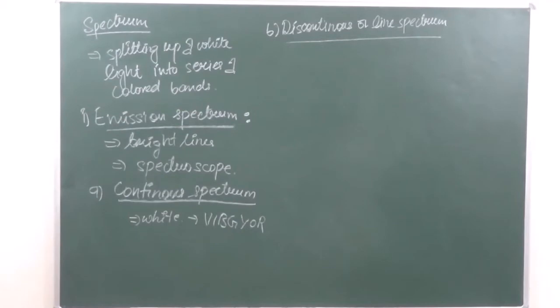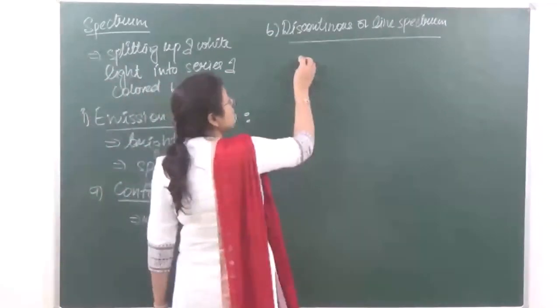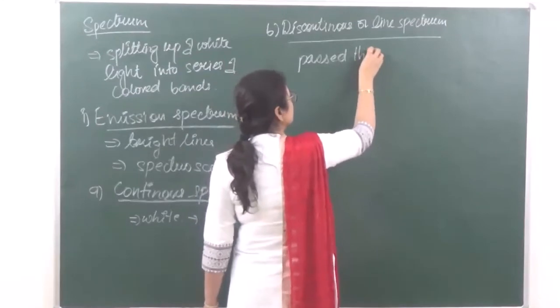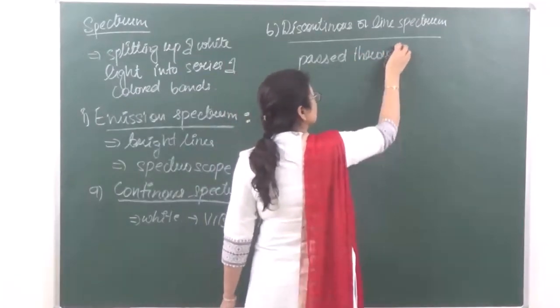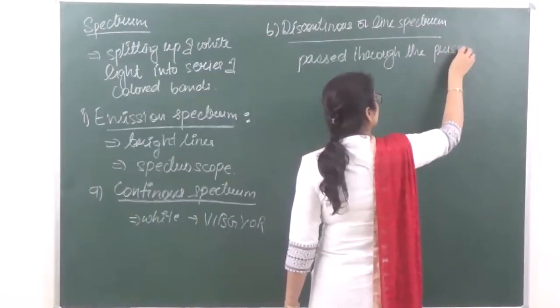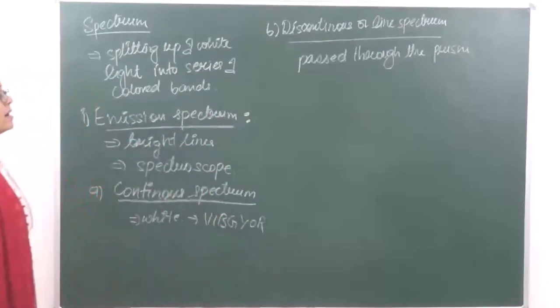So when we are talking of discontinuous spectrum, we say that the light which is emitted is passed through the prism, and we see that there are specific lines observed.